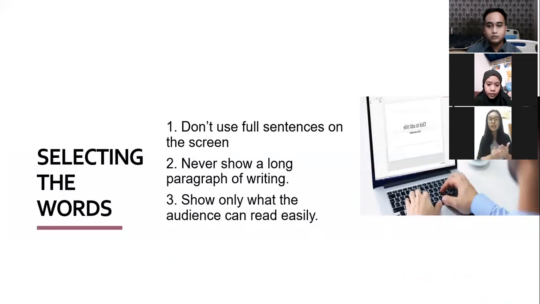Just put bullet points, the points of your message that you want to convey to your audience. Second, never show a long paragraph of writing. We just put the point, not a long paragraph. And third, show only what the audience can read easily.